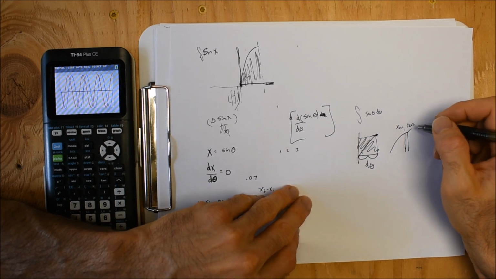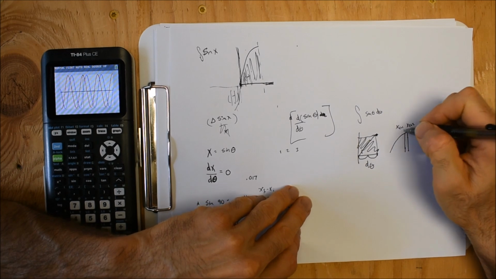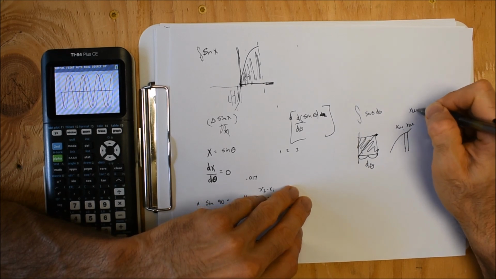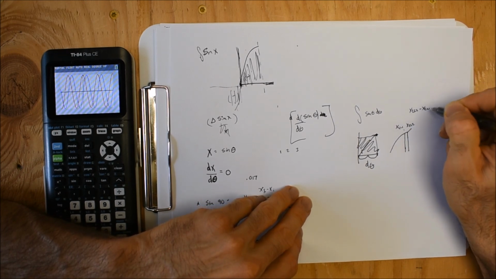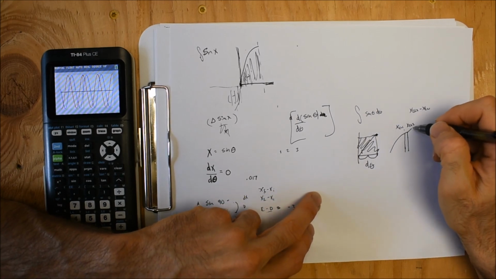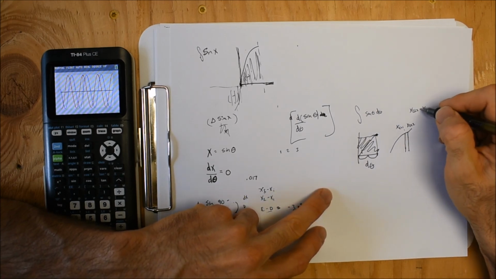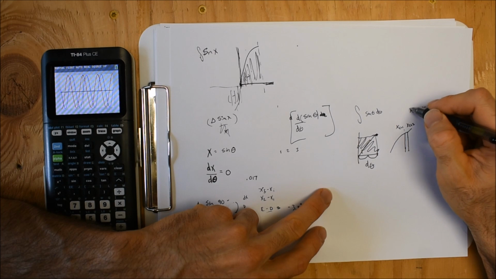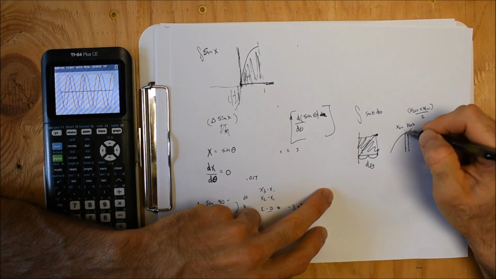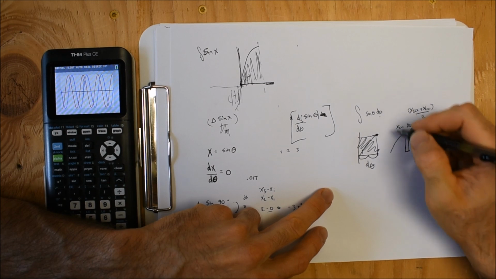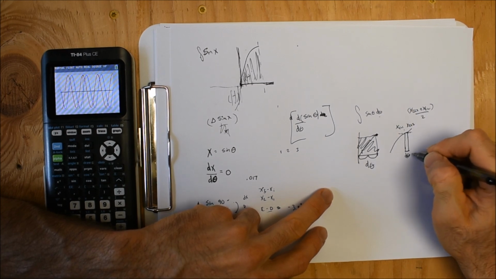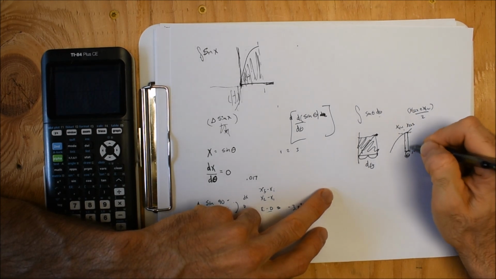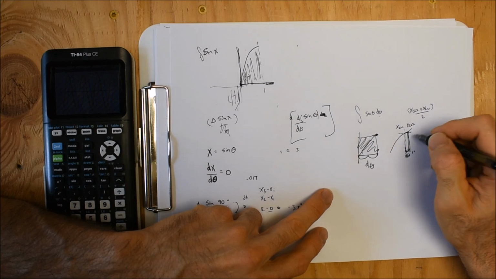Even here you wouldn't do x 222 minus x 221. For here you would go x 222 plus 221 divided by 2, because you want the average right here. So you're going to take the average and then multiply it by d theta. Let's say it's just 1 degree. You're going to take a 1 degree slice and then figure that out.